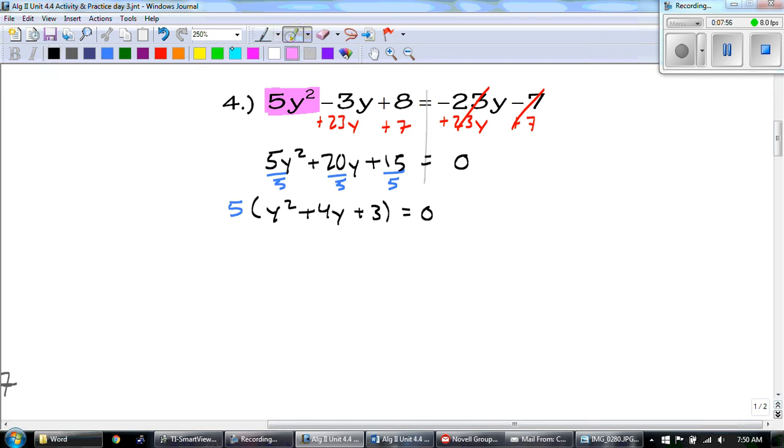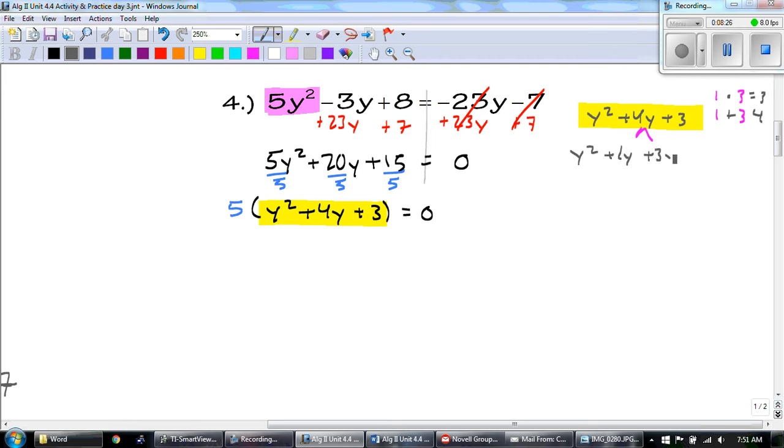Okay, so this is what I'm going to take over to the other side and factor. Numbers that multiply to get to 3 and add to get to 4. There's only two numbers that multiply to get to 3, and that's 1 and 3. So we get y squared plus 1y plus 3y plus 3.